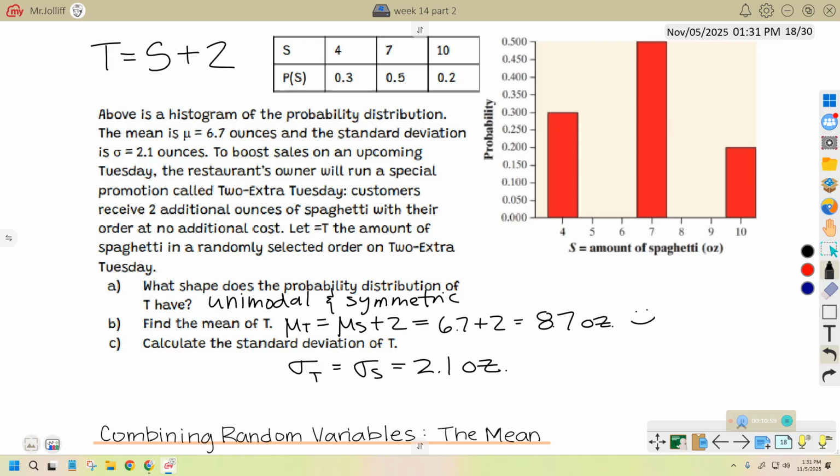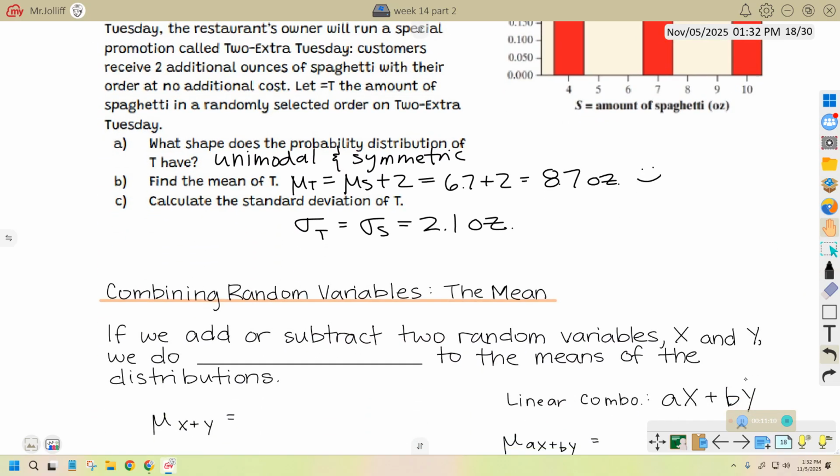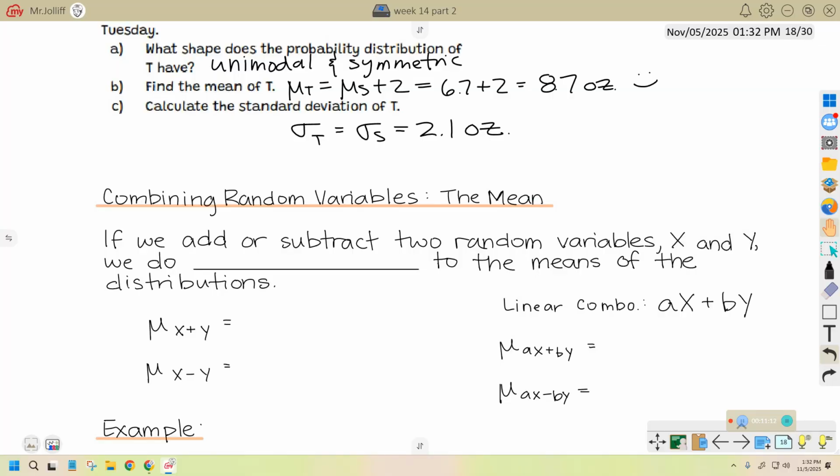Okay. So now that we've talked about modifying our distribution by a constant, now we're going to talk about combining random variables. Meaning I have 2 distributions, I want to squish them together. So if we add or subtract 2 random variables, X and Y, we do the same thing to the means.